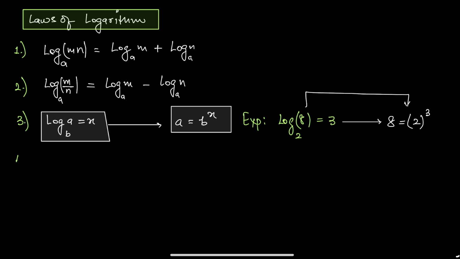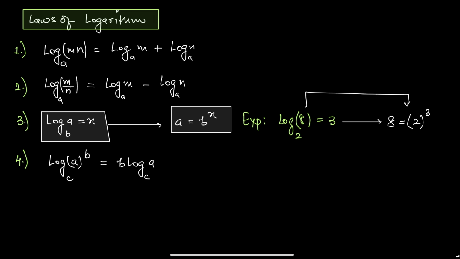Now we are moving on to the fourth important formula, which is based on log of a with the power b and base c. We can write it as b log a with base c.